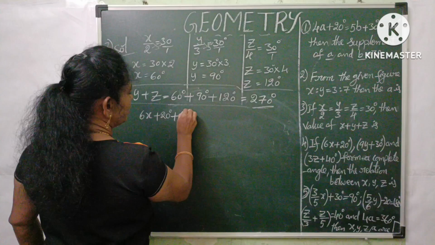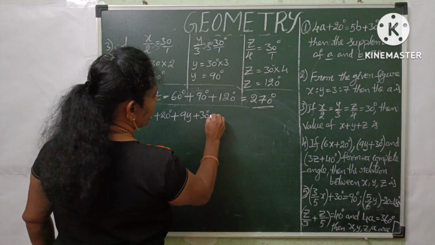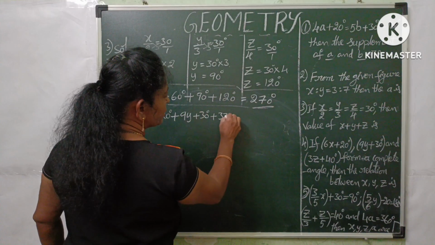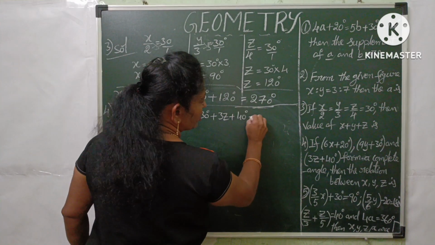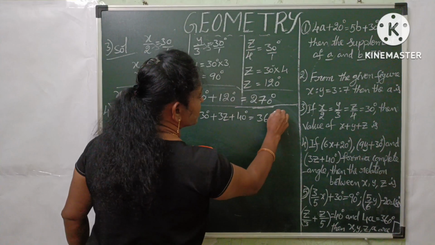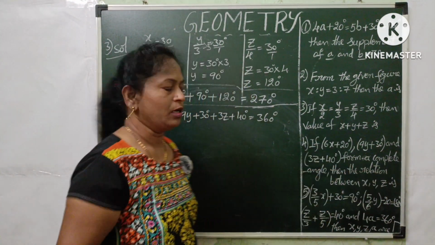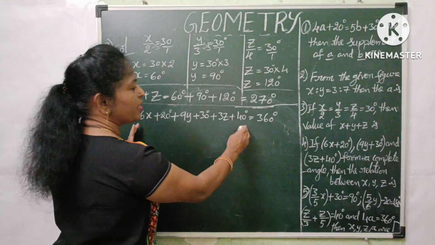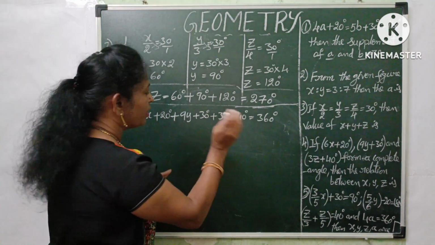Plus 9y plus 30 degrees plus 3z plus 40 degrees equal to the complete angle, 360. They said clearly it forms a complete angle. So forming a complete angle means if you add all this, then it forms a complete angle.